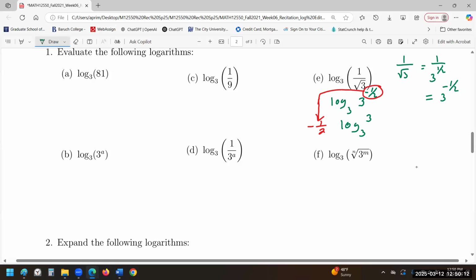And we know one of the properties: if the base and the argument are the same number, they cancel out and become 1. So in other words, you have only negative 1/2 times 1, which is negative 1/2. So a fancy way of saying that we have the number negative 1/2, they use log base 3 of the argument 1 over square root of 3, which sounds so complicated.